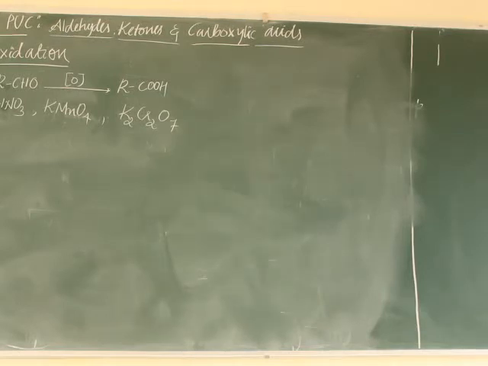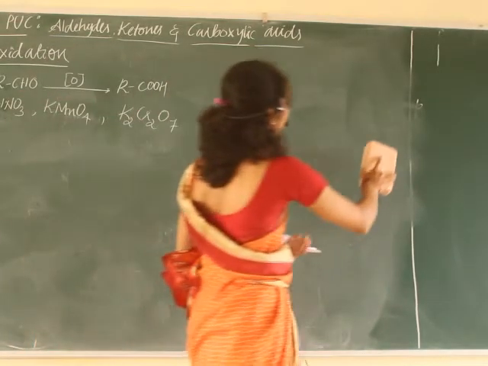It requires a strong oxidizing agent and elevated temperature, and oxidation of a ketone involves carbon-carbon bond cleavage and results in the formation of carboxylic acids having a lesser number of carbon atoms.